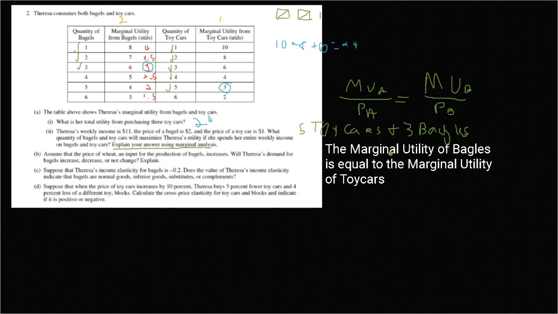All right. Let's see. Assume that the price of wheat is an input for bagels, and that increases. The increase in price of wheat will increase the supply curve or decrease the supply curve.